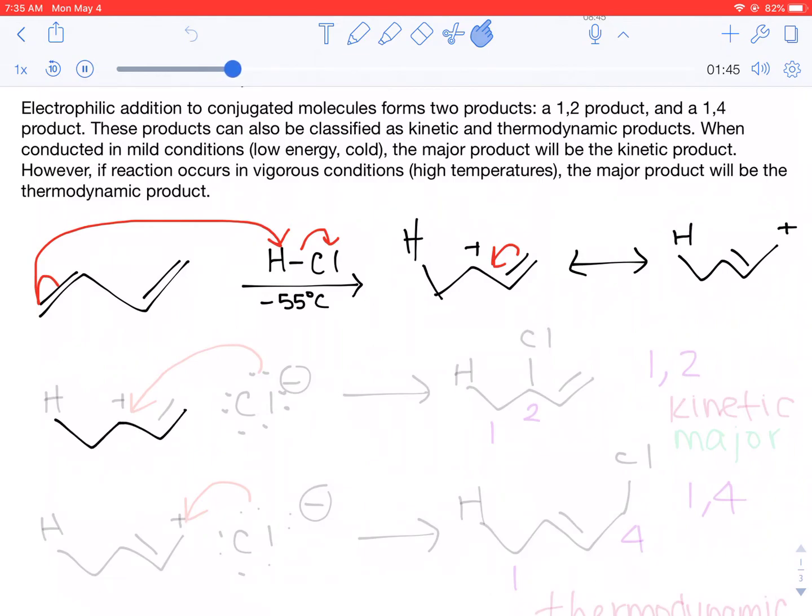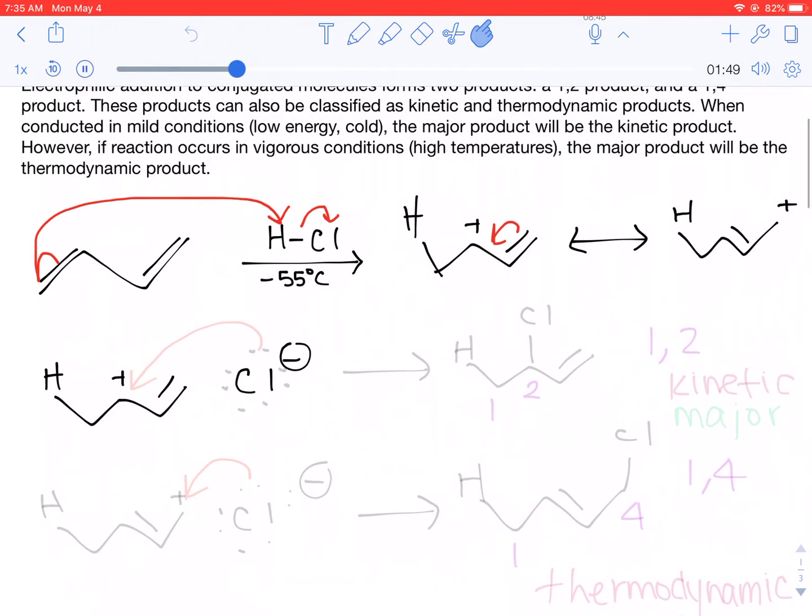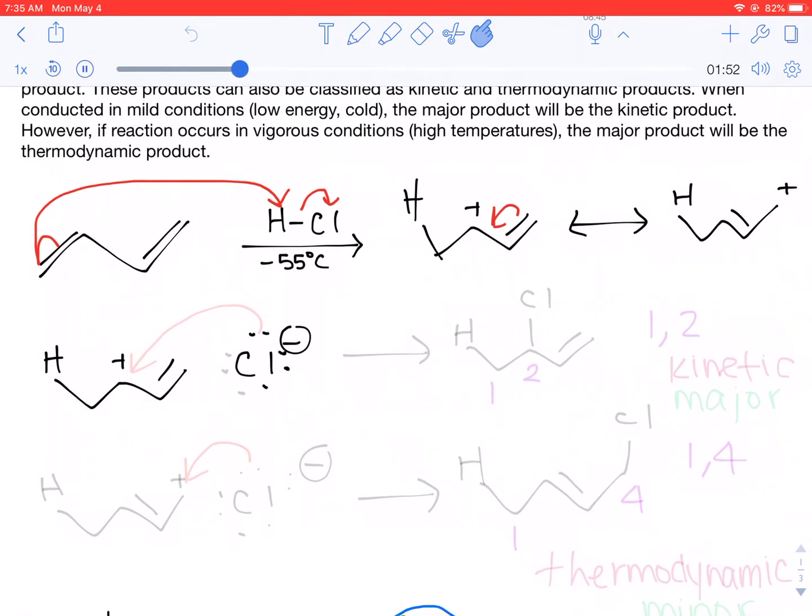Now, each of these carbocations can react with the chlorine ion we formed before. Starting with the carbocation we formed in the first step, the electrons from the chlorine will attack the positively charged carbon to form this molecule, which would be considered the 1,2 product because the hydrogen added to the first carbon and the chlorine added to the second carbon.